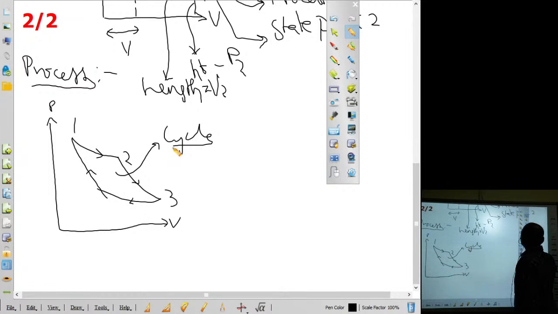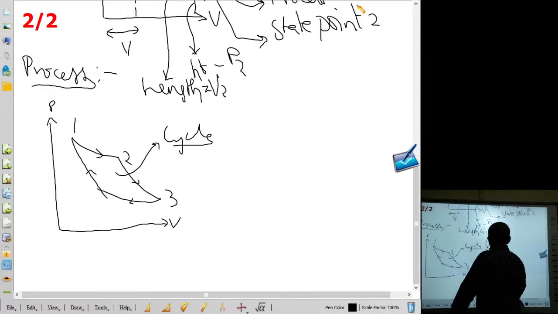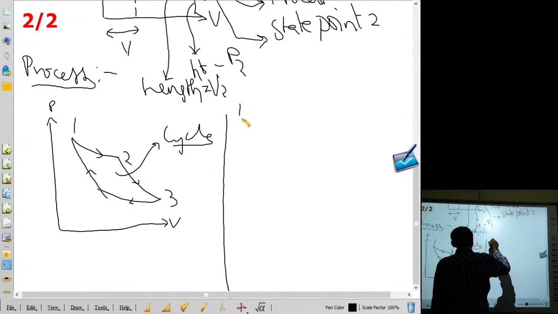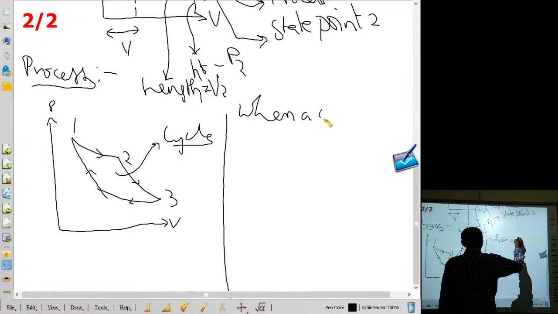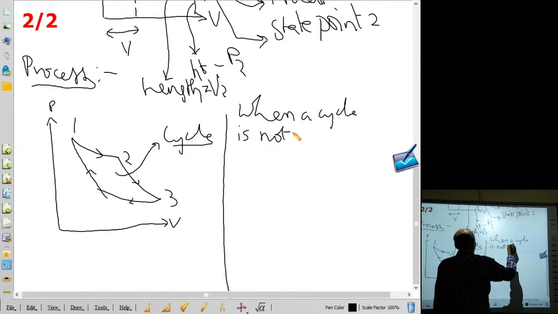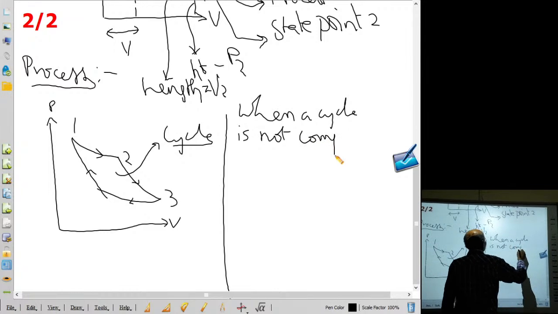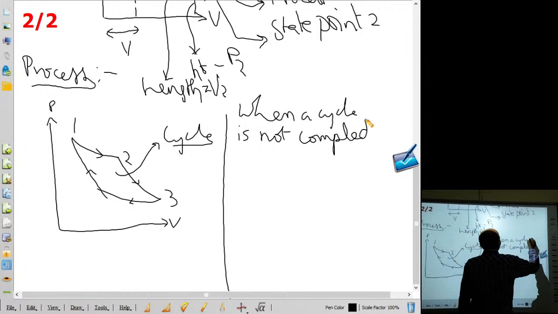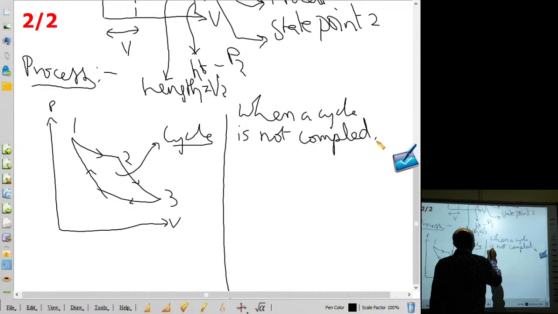So when a cycle is not completed, continuous work will not be obtained.